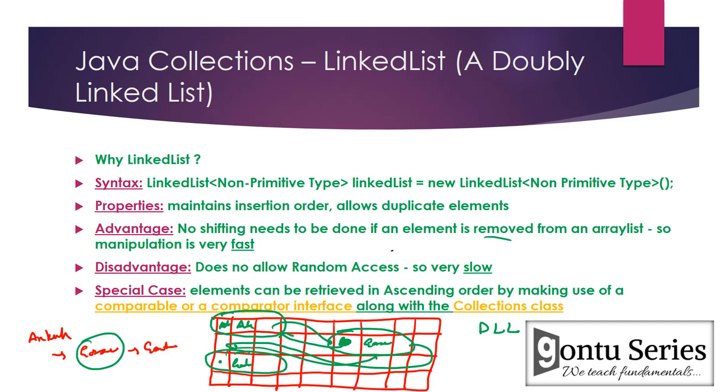Now if you want to remove any element from here, let's say you want to remove Gaurav, what exactly do you have to do? In order to remove this element Gaurav, all you need is to simply remove this, and this address is going to point to this instead of this, and this address is going to point to this. You just change the next address and previous address.